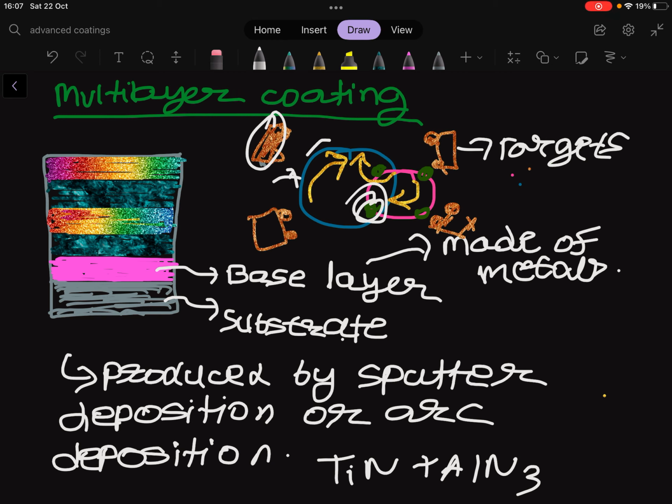Actually, we know in ceramic materials the dislocation density is very low, and the critical shear stress of dislocation movement is comparatively higher than in metallic materials. But still we can produce dislocations in ceramic materials.